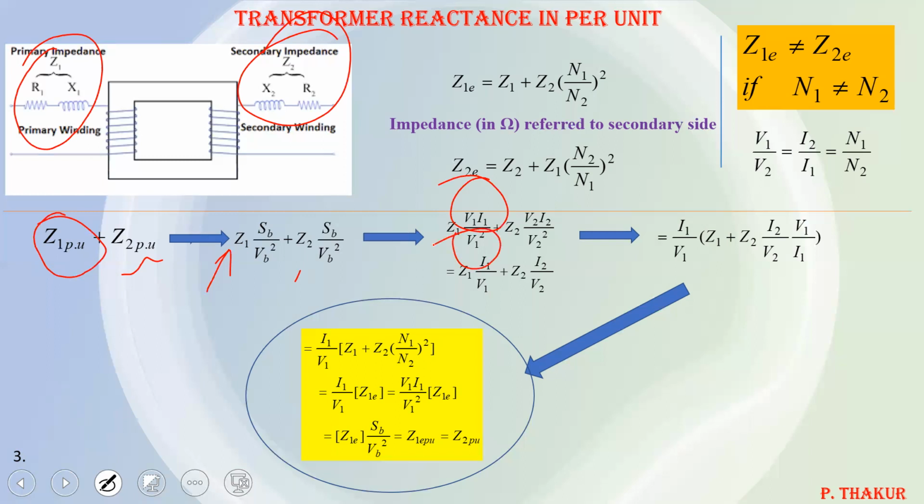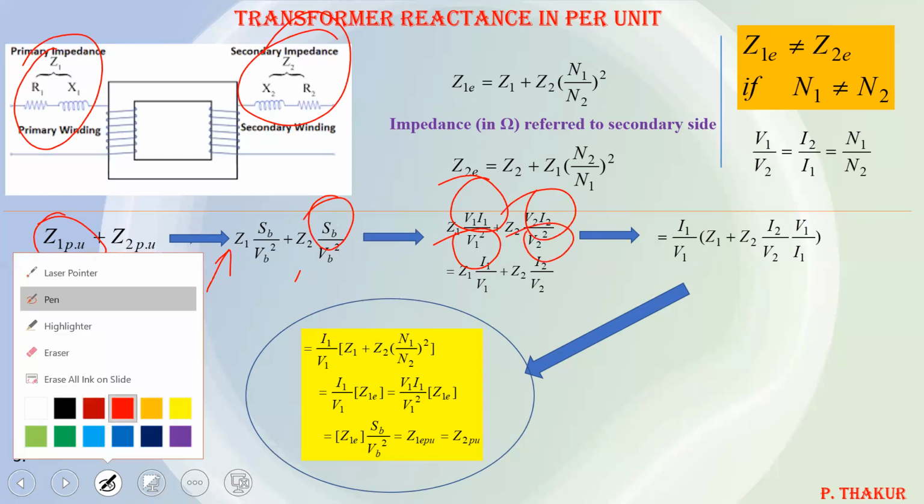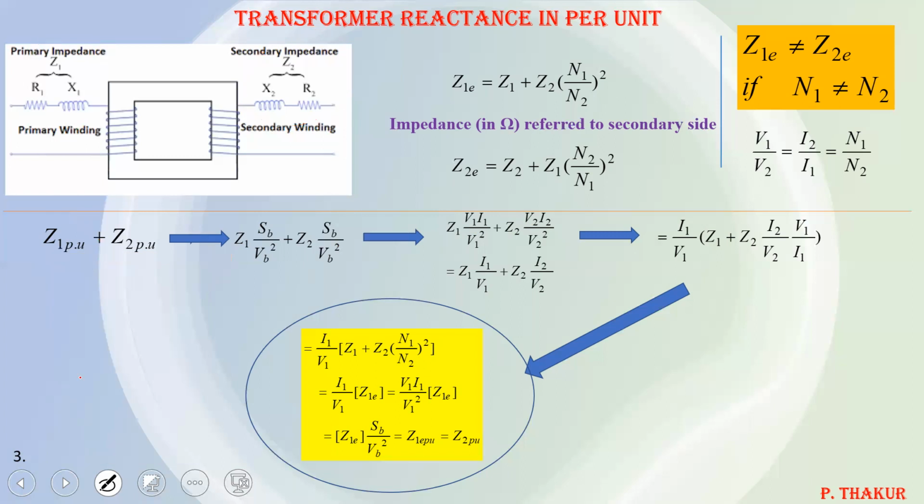And for Z2, secondary side, SB will be V2 I2 and VB will be V2. You must note this point. So you can get this value. Now V1 and V1 will cancel from here and V2 and V2 will cancel from here. You will get this result.